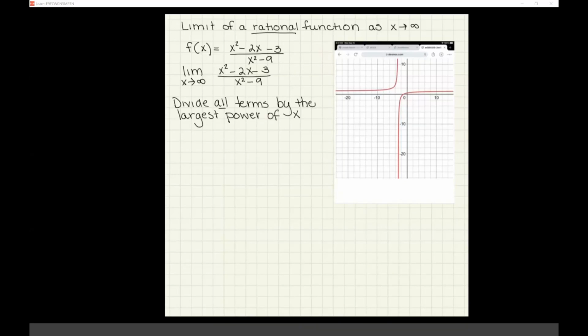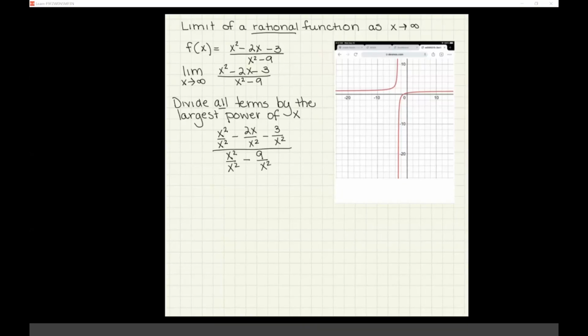Okay? Now, if I look at this expression here, largest power of x is what? X squared. Okay? So I have x squared divided by x squared minus 2x divided by x squared minus 3 divided by x squared, over x squared divided by x squared minus 9 divided by x squared.